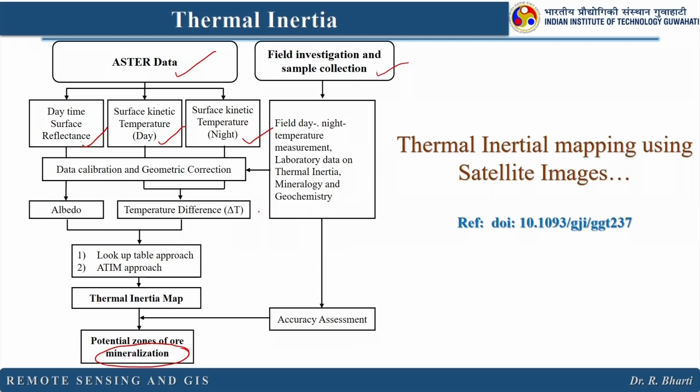Then using this you can calculate the delta T between morning and night, and at the same time albedo can be calculated using the daytime surface reflectance. Once you have that, you can calculate the thermal inertia using a lookup table approach or maybe the ATIM approach. If you want to know these methods, please refer to this particular paper.